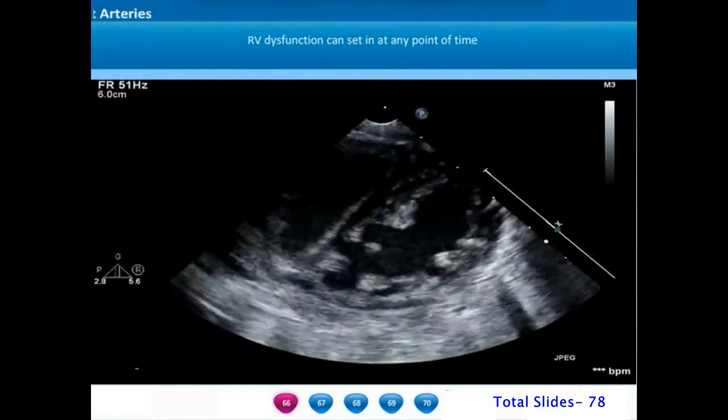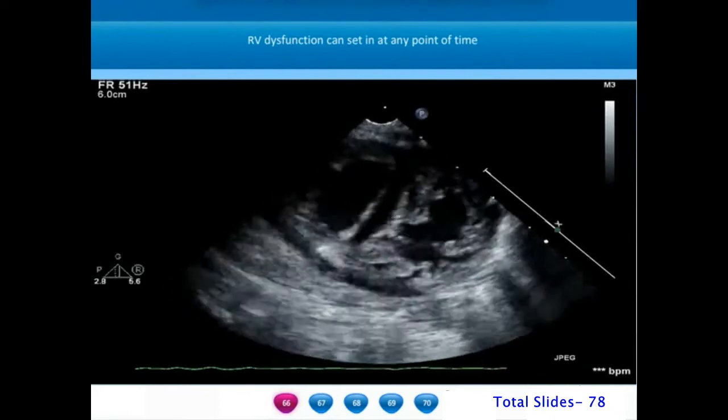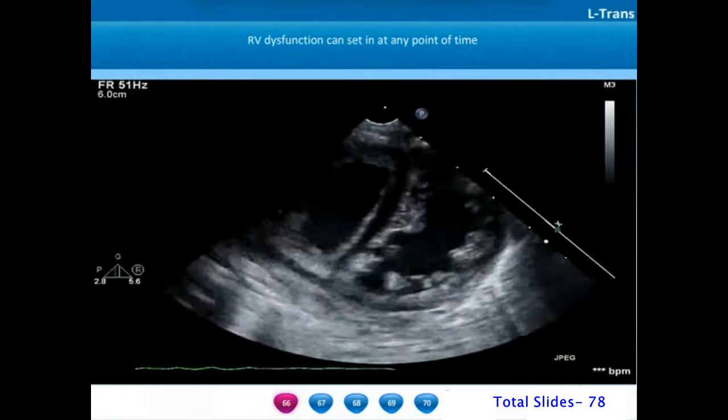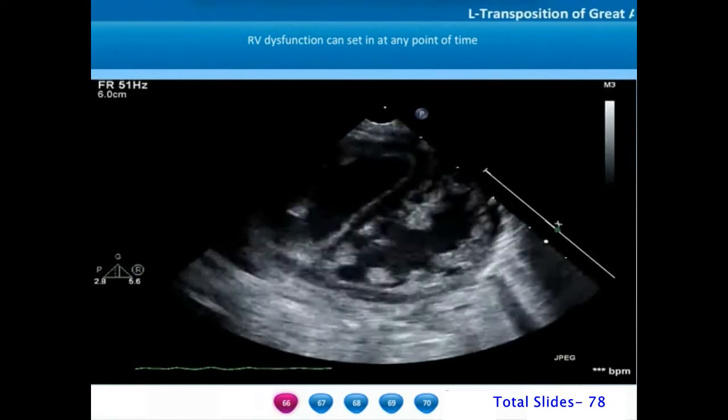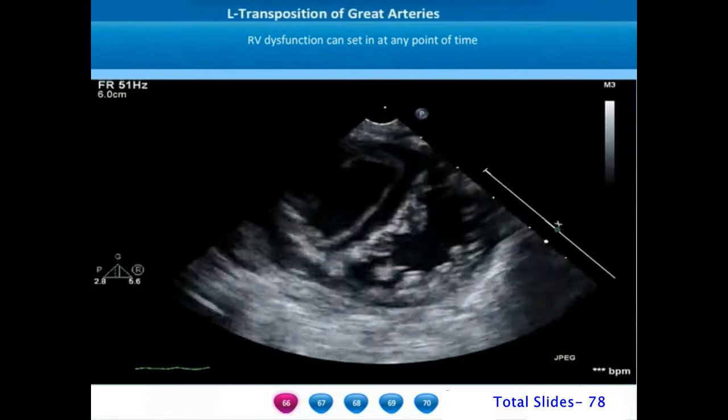The right ventricle is the systemic ventricle in patients with corrected transposition. It's more trabeculated, and right ventricular systolic dysfunction can set in at any point of time in the course of corrected transposition in its natural history.